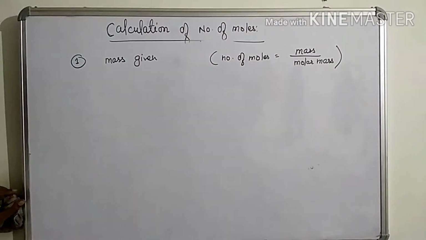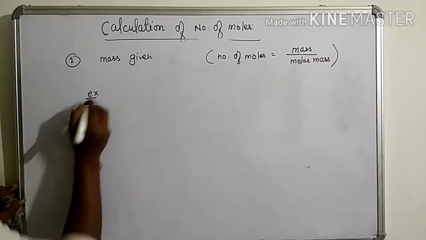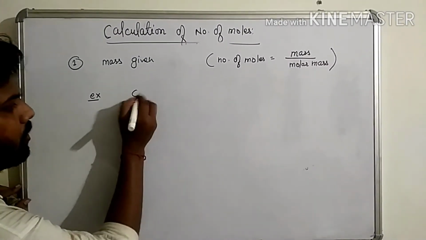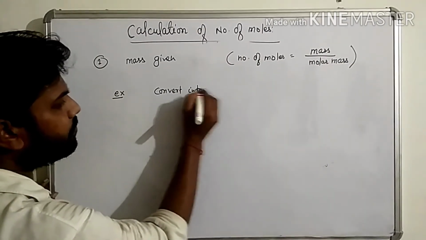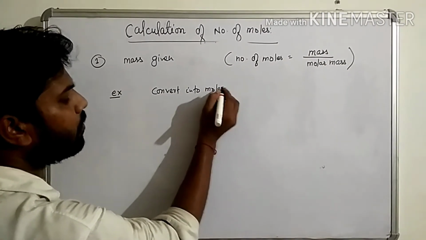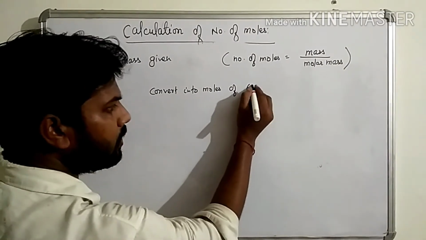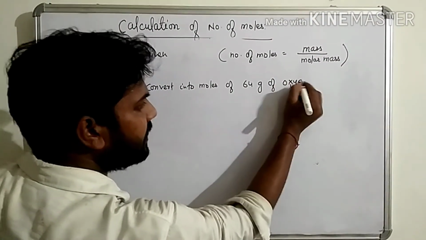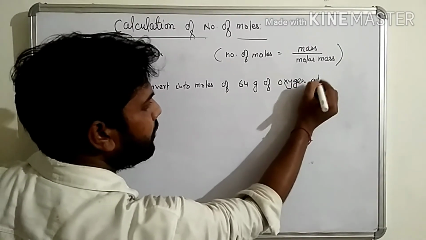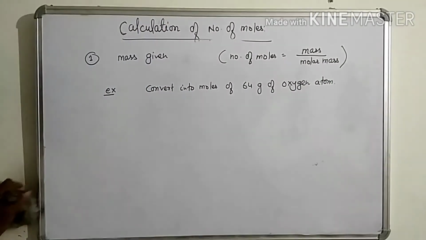See the example. Convert into moles 64 gram of oxygen atom.